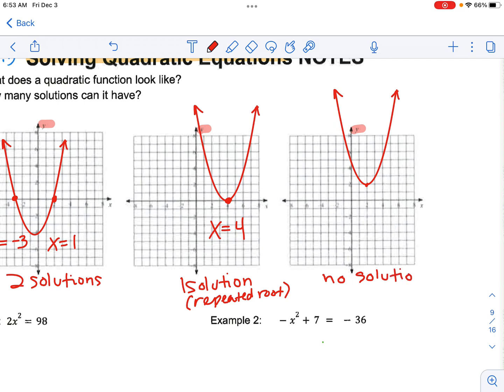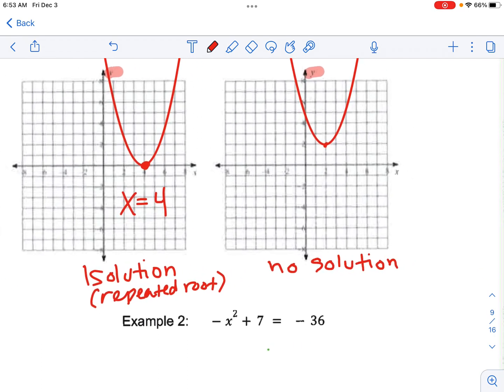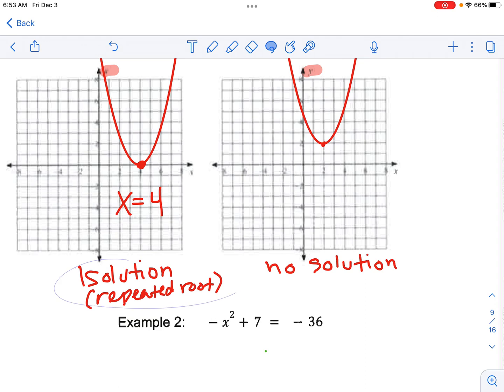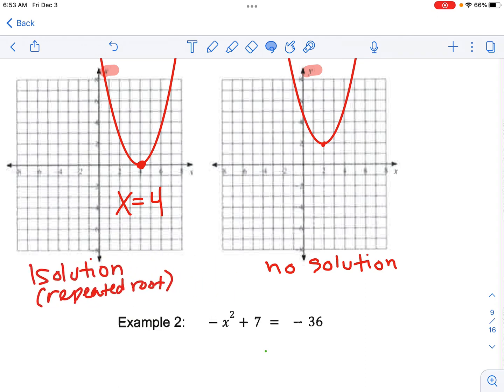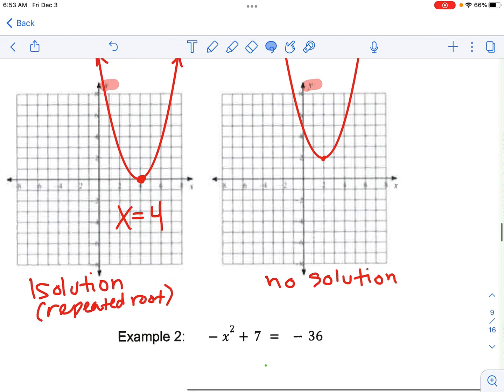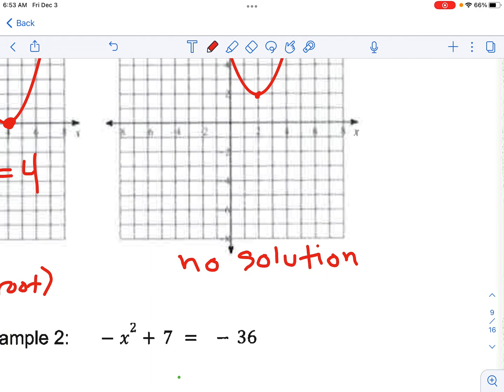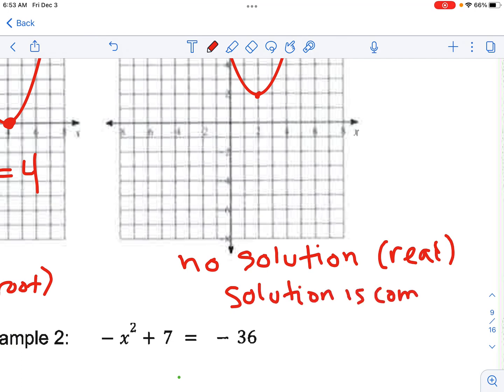And when we say no solution, we're implying something that I don't think teachers mention enough. It's really no real solution, okay? There's actually a complex solution.